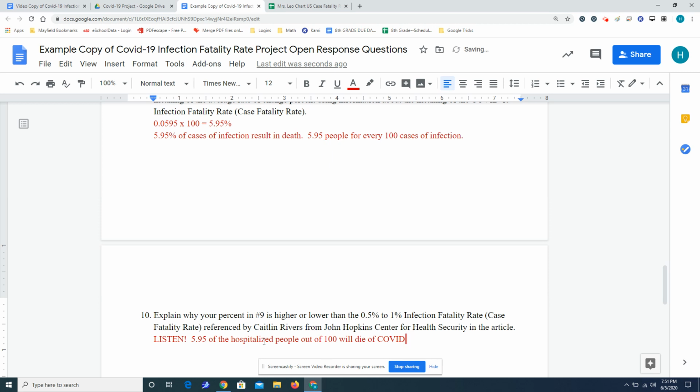But that's not really the infection fatality rate, and we actually don't know what it is yet because they don't have enough data. They're saying they think it's 0.5 to 1.